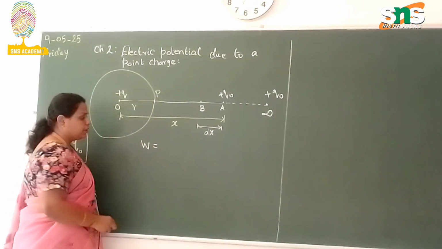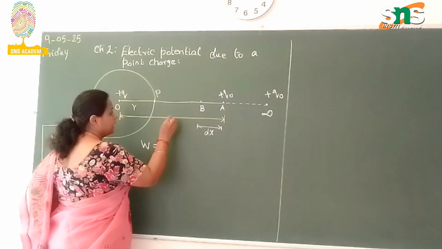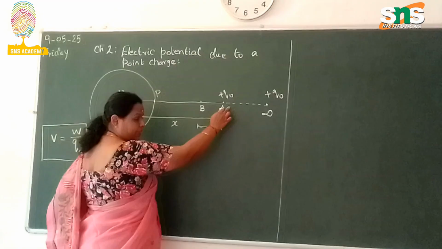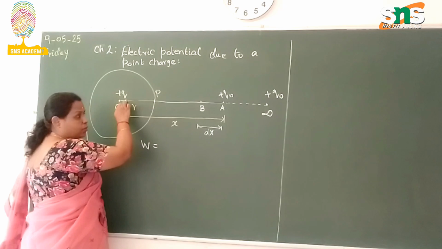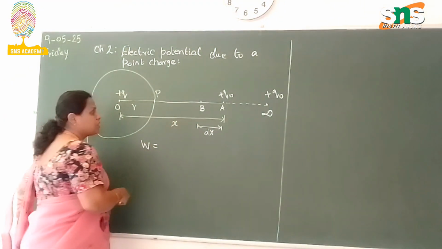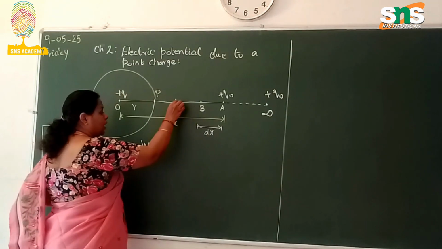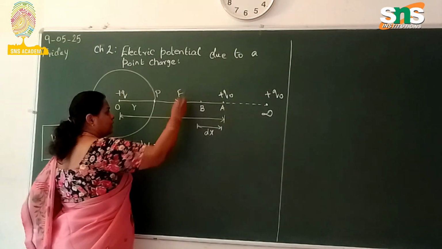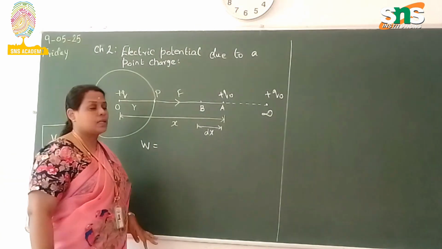Since this is a positive test charge and this is also a positive source charge, the force will act outwards. Since both are like charges, they will repel each other. So the electrostatic force F will act outwards.